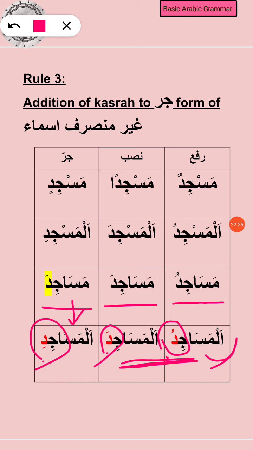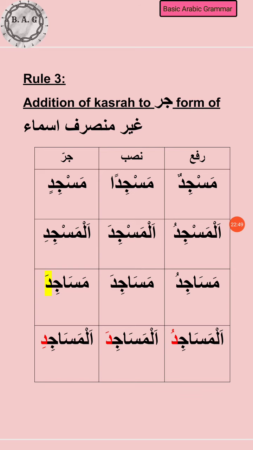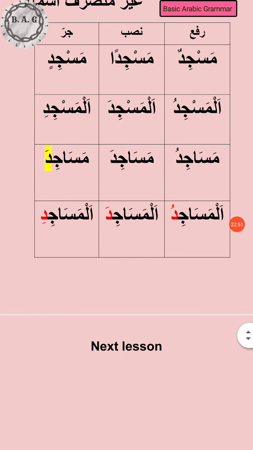So the last point over here was addition of kasra to the jar form of ghair munsarif asma. So you have a ghair munsarif ism, and by default you're saying it masajidu, masajida, masajida. Add an al to it and you'll get al masajidi. That's the bottom line. Okay, so let's just do another example so that it's even clearer, inshallah.